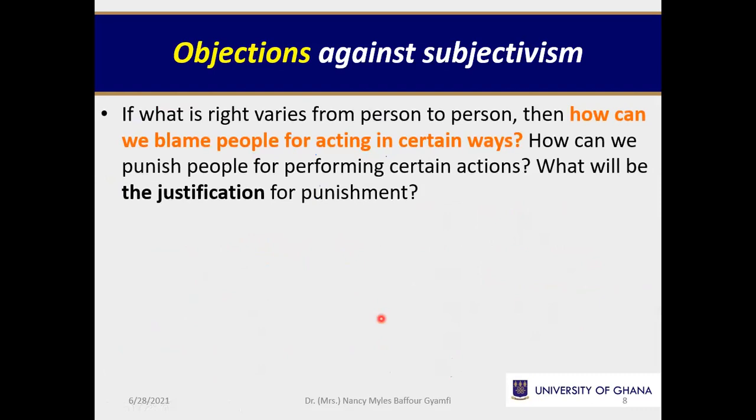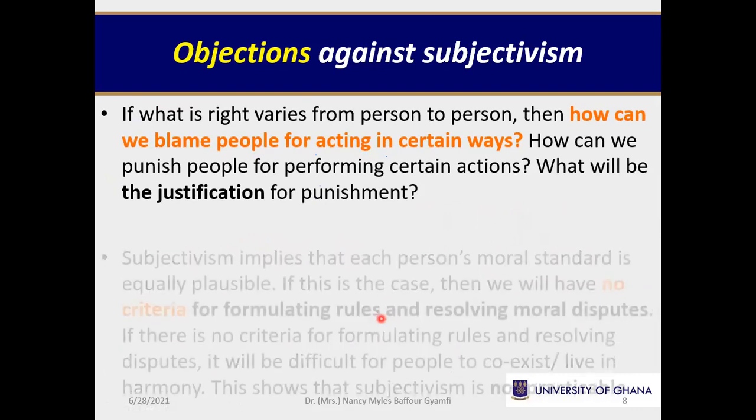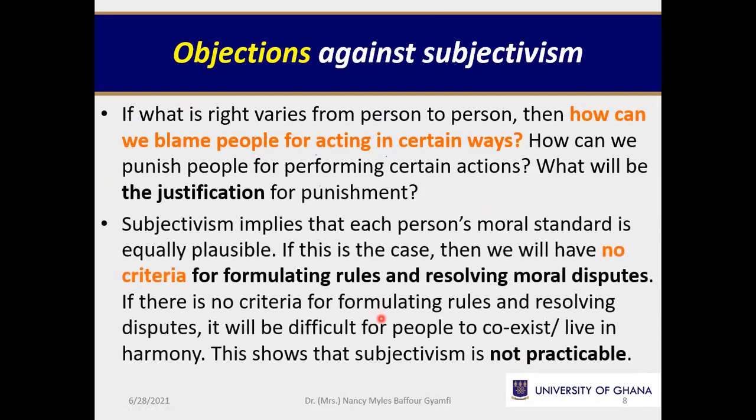Now, what is the critique or the objection against such a view of the question of moral standards? If what is right varies from person to person, then how can we blame people for acting in certain ways? We are back where we started. Okay. If I see you and I think that rape is okay, is good, really, I'm the guy, and you think rape is bad. If I raped you, how would you impose your conviction about what rape is on me? We won't be able to pass judgment.